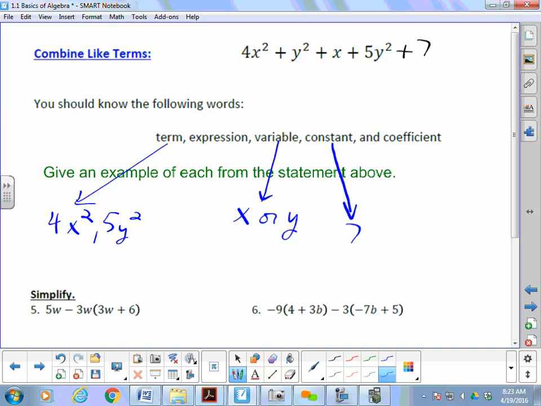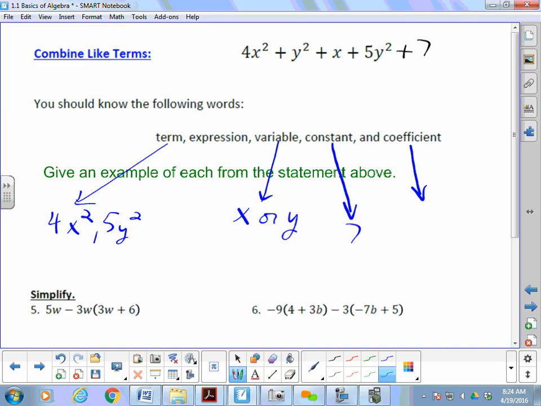All right. And how about coefficient? Keegan, you know what a coefficient is? Michael? Just a number? Kind of. All right, but it's got to be a number in a specific spot.